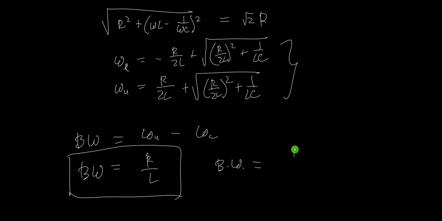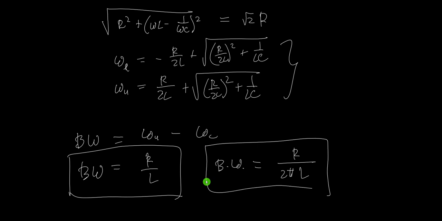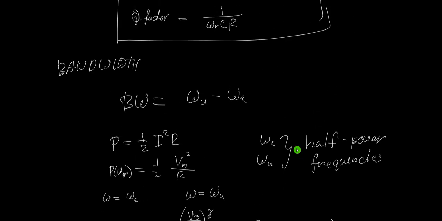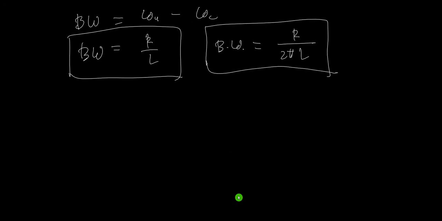So we can write this R over 2 pi L. R over 2 pi L, because R over L is just equal to the bandwidth with respect to the natural frequency. And if we relate these two, the Q factor and the bandwidth, we have a relationship between the two.